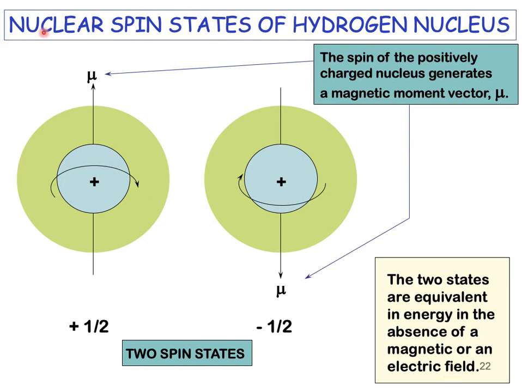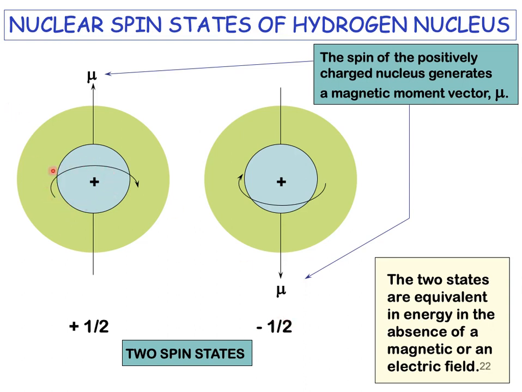Now the nuclear spin state of the hydrogen nucleus. Hydrogen has spin quantum number half. Some of the nuclei have a positive half spin quantum number, while some of them have a negative half spin quantum number.